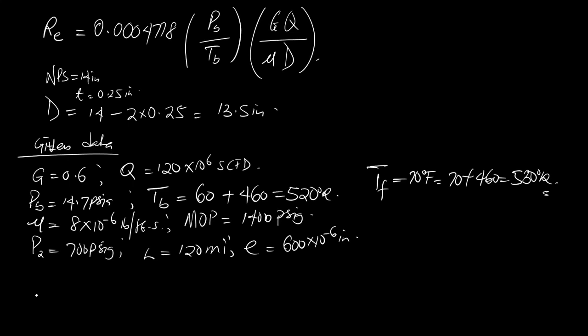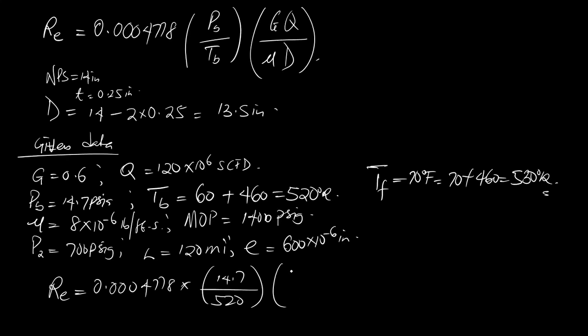So if that is all given, let's now find the Reynolds number, which is 0.0004778 times 14.7 divided by 520 times 0.6 times 120 times 10 raised to the 6 divided by 8 times 10 raised to the minus 6 divided by 13.5.